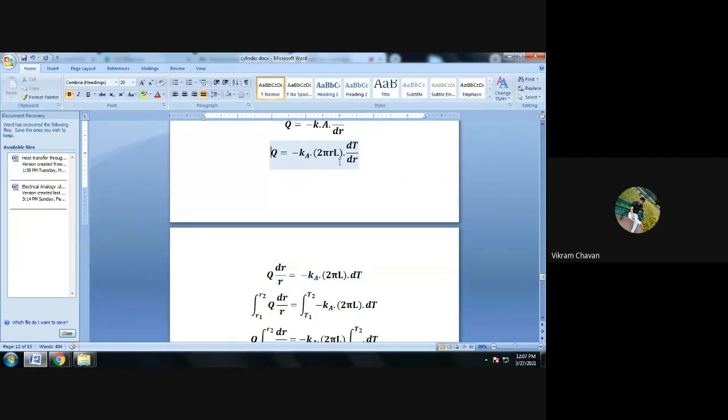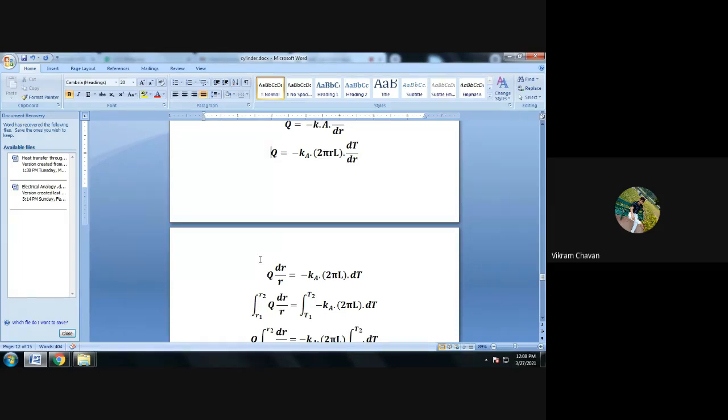We separate the radius variable on one side and the temperature variable on the other side. So the equation becomes Q multiplied by dr divided by R equal to minus K suffix A multiplied by 2 pi L multiplied by dT.